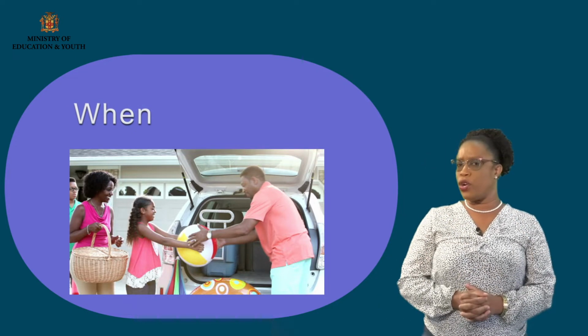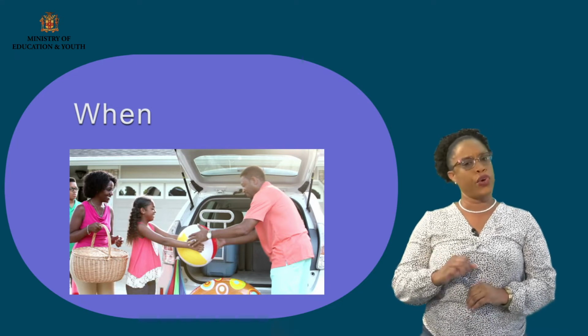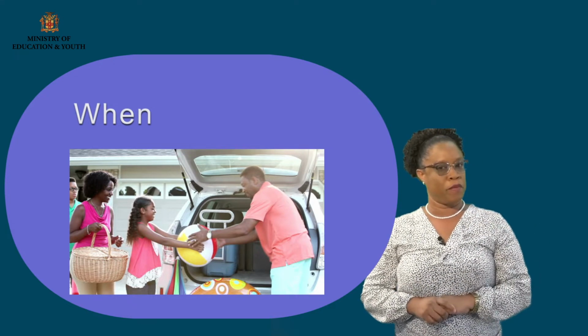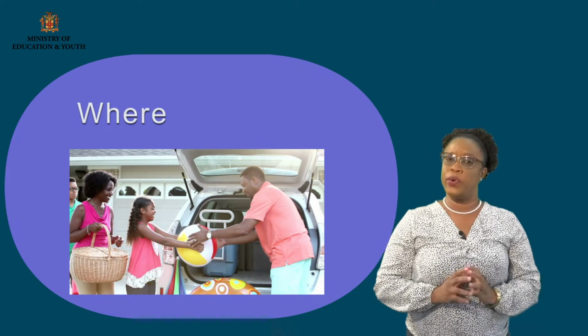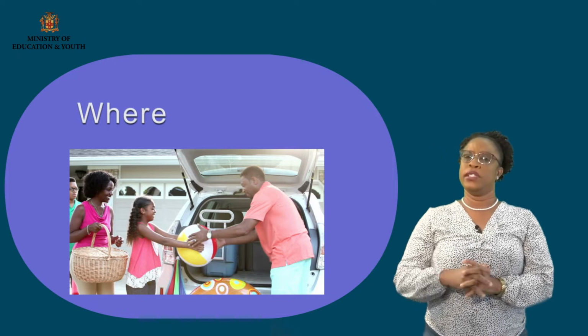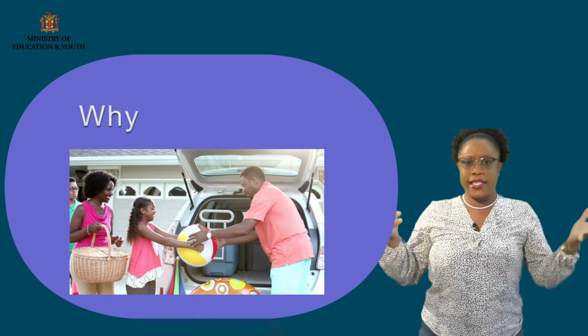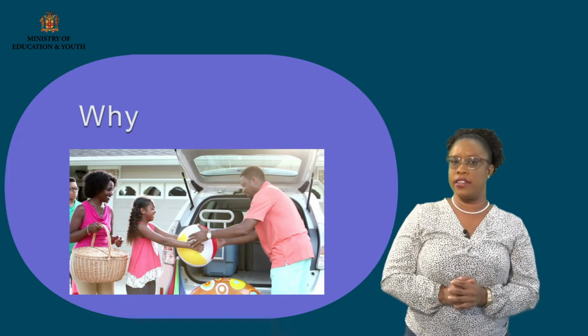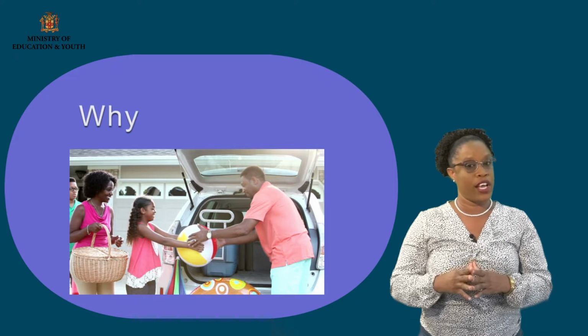When will the family go on the trip? I know, next week. Where will the family go? We're going on a trip to a beach in Portland. Why? Why is my family going to Portland? Because we all love going to the beach.